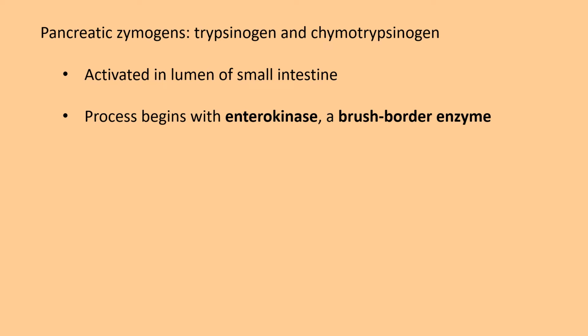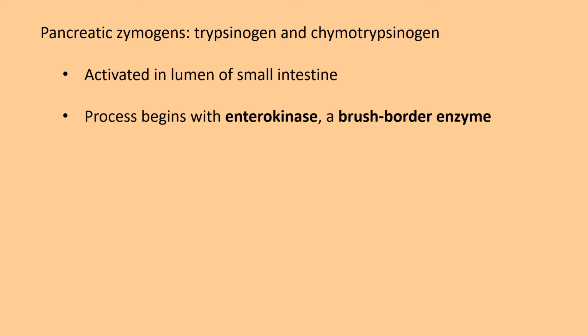Pancreatic juice includes the zymogens trypsinogen and chymotrypsinogen, and there's that suffix again, ogen. Ogen is a clue that it might be an inactive precursor to something, and that's true in this case. So these two zymogens are part of pancreatic juice, and they are cleaved into their active form by a particular enzyme that's present in the small intestine, and that enzyme is called enterokinase.